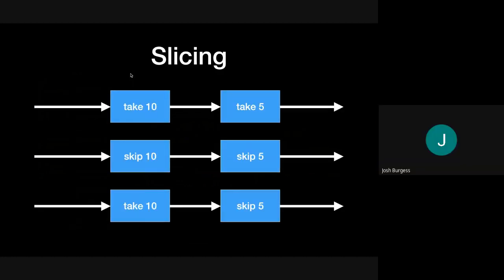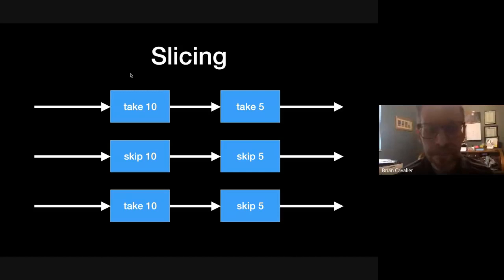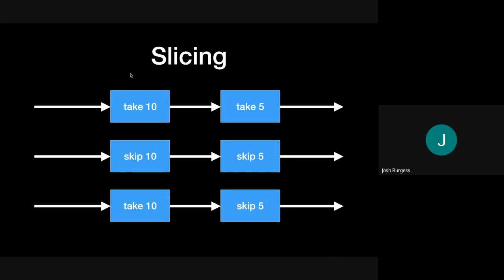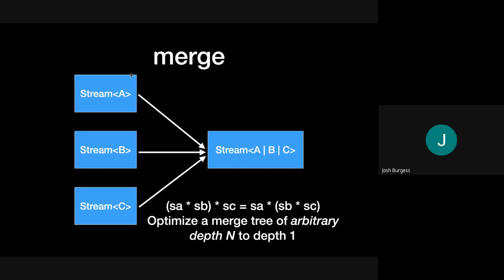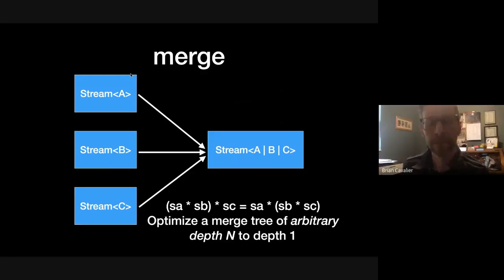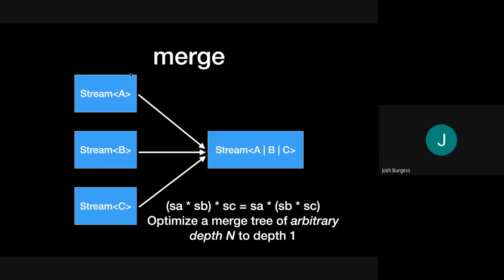Hey, Brian, can I ask a quick question? Yeah. So the last example where you were talking about turning adjacent maps into a single map with functions composed, that's kind of reminding me of fusion, an optimization that the Haskell compiler, GHC, does. Is that something you've read about? Was that an inspiration for some optimizations that you've done?